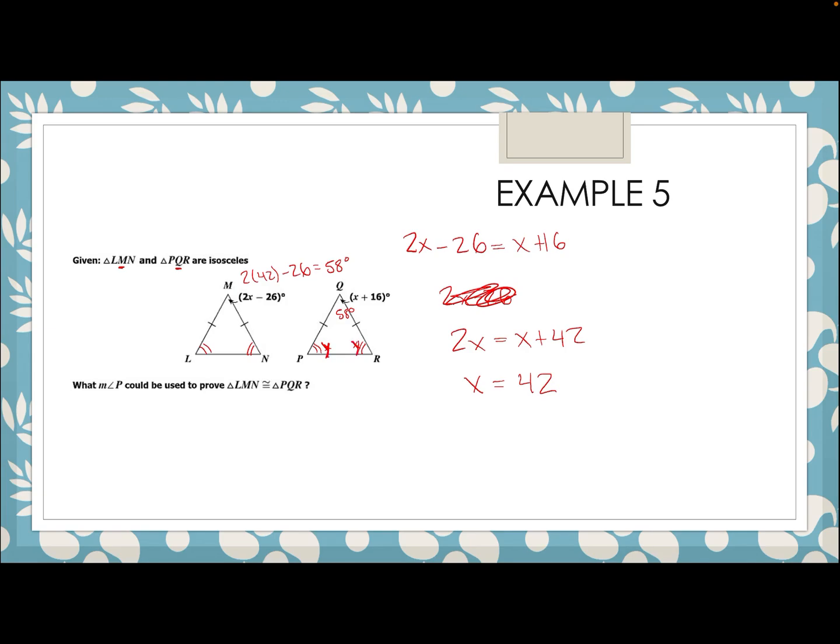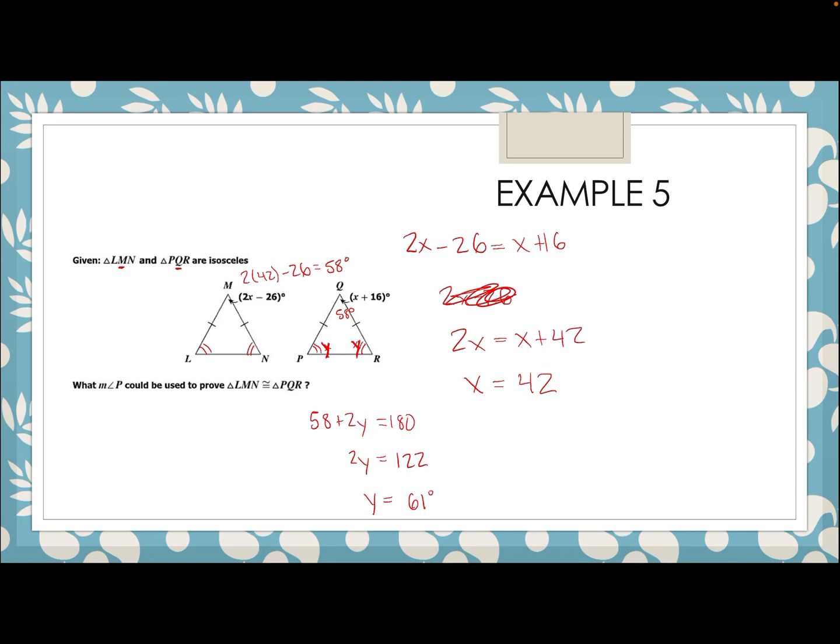We'll use y instead. So that means that 58 plus 2y equals 180. Subtract 58 from both sides. We get 2y equals 180 minus 58, which is 122. Divide both sides by 2, and we get y equals 61 degrees.